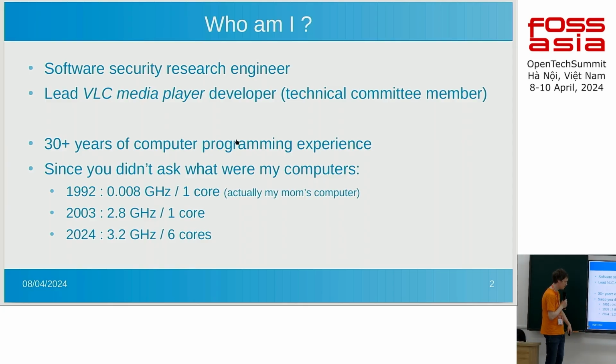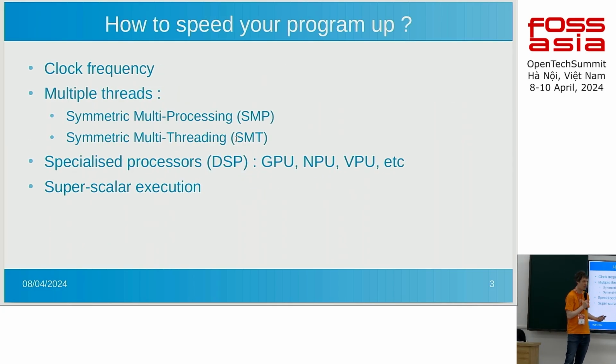But then something happened. We got close to the physical limits, and we couldn't increase clock frequency anymore, but instead we increased cores. So how to speed up the program? Obviously, first we tried increasing clock frequency. Then we used multiple threads, so there's symmetric multiprocessing and symmetric multithreading, which are kind of similar tech. The problem with those is you need to make your program multi-threaded, and that's notoriously difficult, and doesn't always work even.